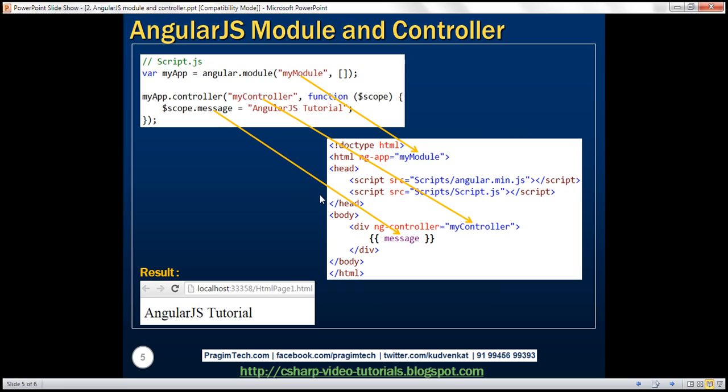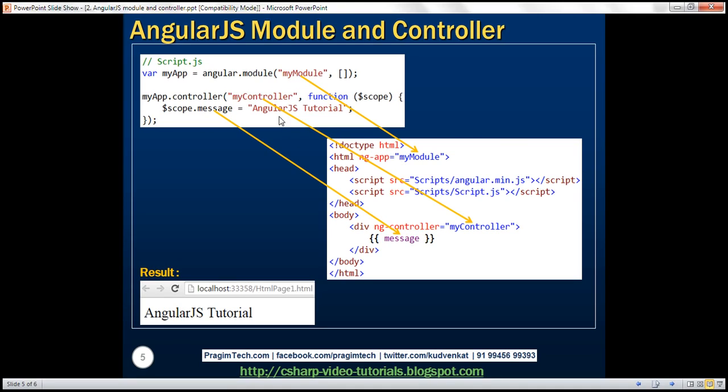So here are the different moving parts of the example that we just worked with. We have our module, we have our controller here, and that controller is registered with the module. And then we associated the module with the app using the ng-app attribute. So the module name is specified as the value for that directive.